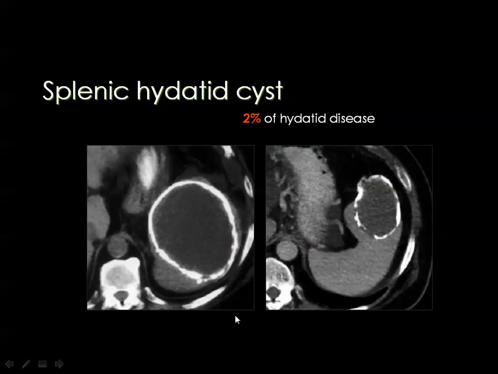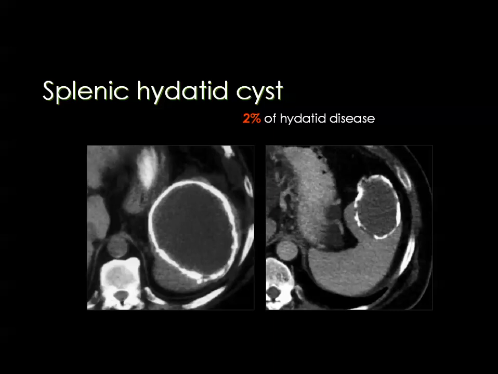Then hydatid cyst in the liver is diagnosed by the presence of calcification in the wall of the cyst, and this is the case also in splenic hydatid cysts. Also, you can diagnose hydatid cyst by the presence of floating shadows inside the cyst, or the presence of daughter cysts inside the big cyst.